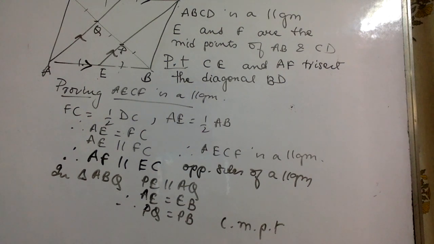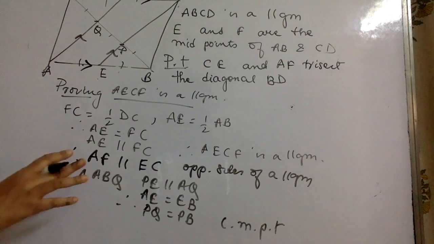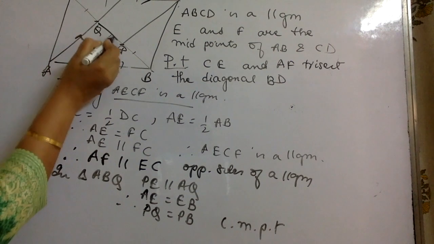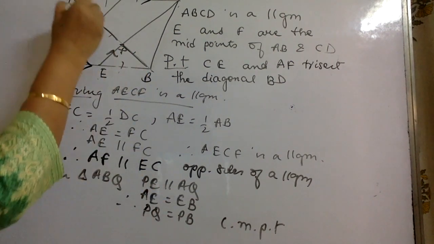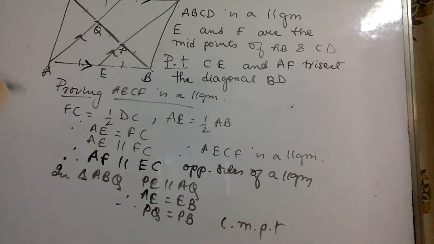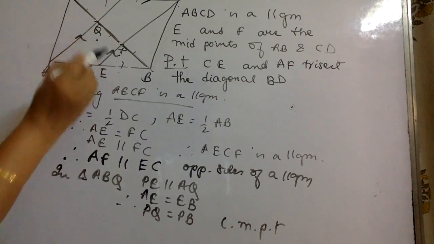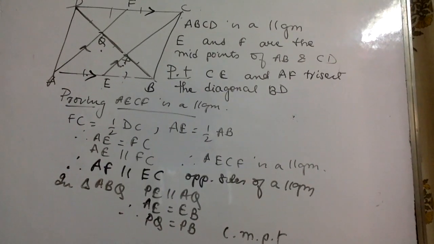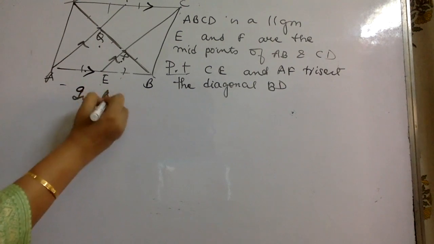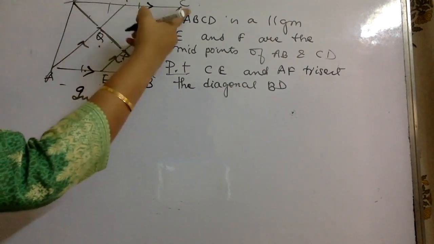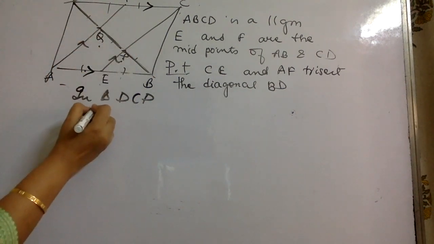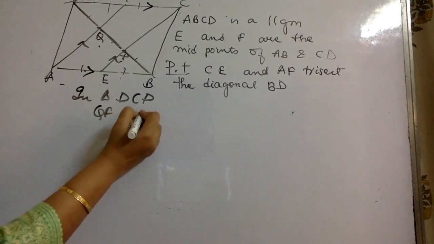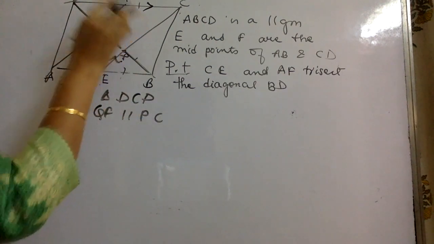Now we'll get the second part. Till now we have only got this part is equal to this part. Now we also need to prove this part is equal to this part. Then we can prove that these two points are the points of trisection. In triangle DCP, QF is parallel to PC, that is because it's parallel here, it will be parallel there.